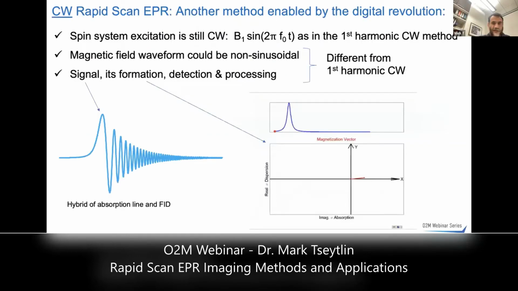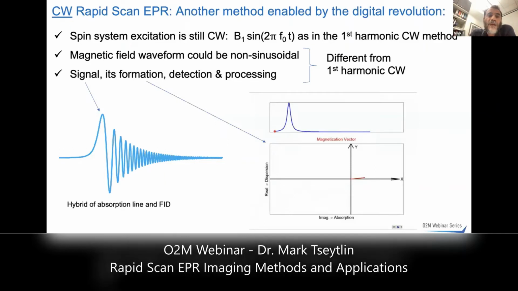Another step forward is CW rapid scan EPR. Rapid scan EPR can be many things, but what I'm developing, and was developing in the Eaton's lab and partially at Dartmouth, is CW rapid scan EPR.